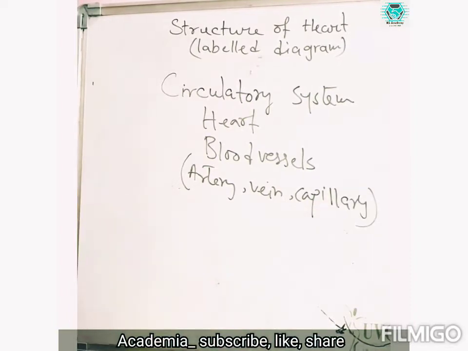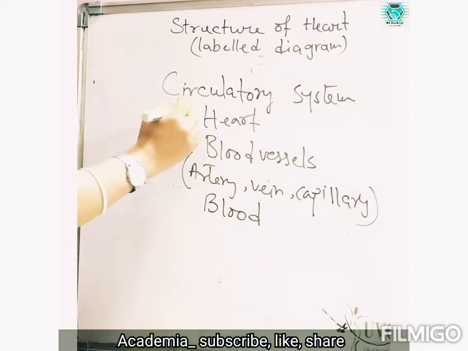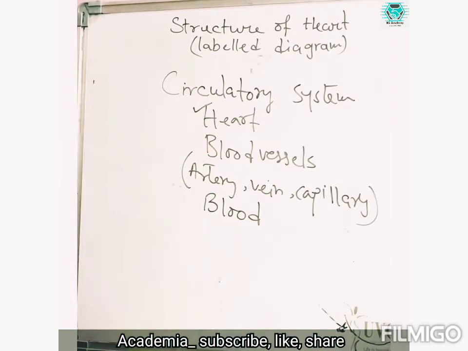So lots of arteries, veins and capillaries are present in our body, and another important thing is blood. The most important organ of the circulatory system is the heart.